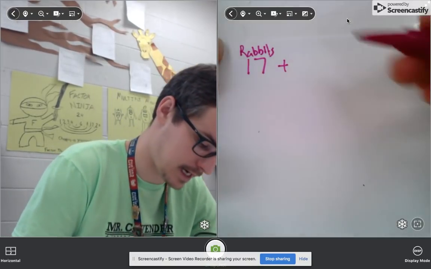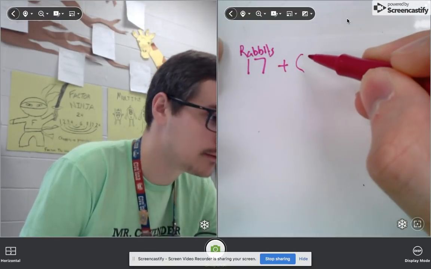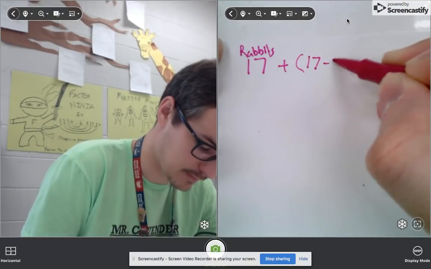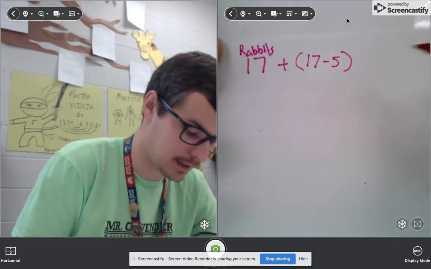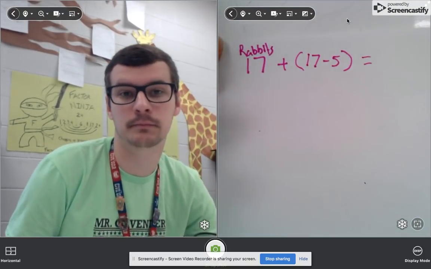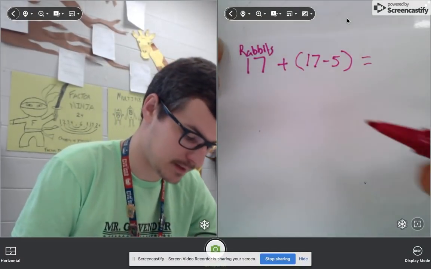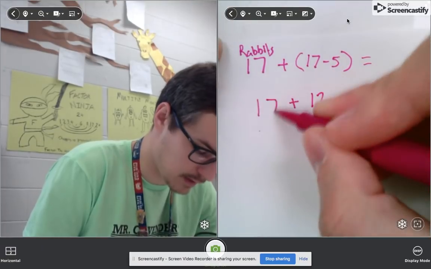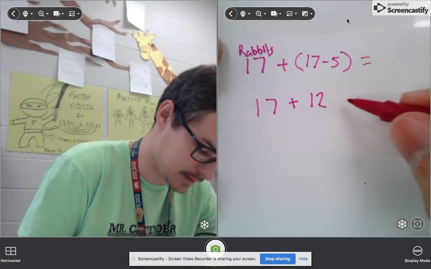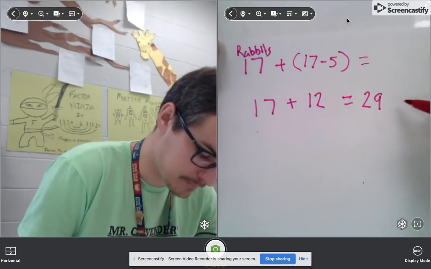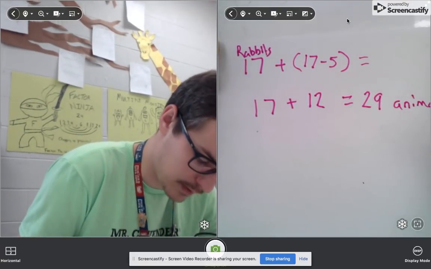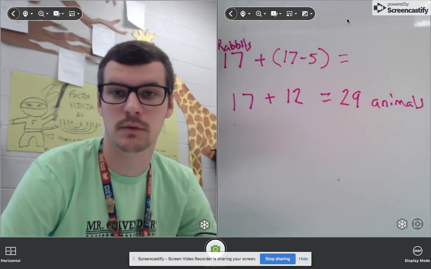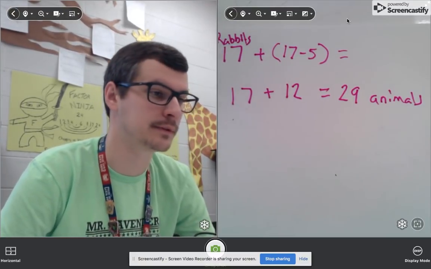The key is the cats is going to be 5 less than the rabbits. So I need to do 17 minus 5 in parentheses, and that's going to be equal to my total. So 17 minus 5 is going to give me 12, and then 12 plus 17 is going to give me 29 animals, or you could say rabbits and cats, but 29 total animals.